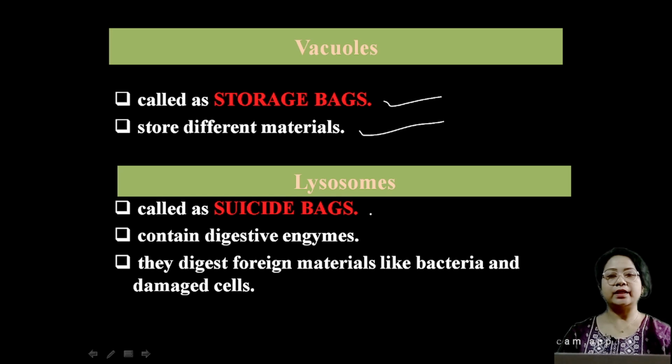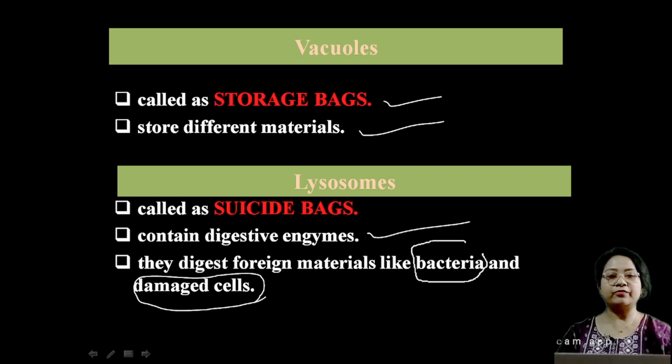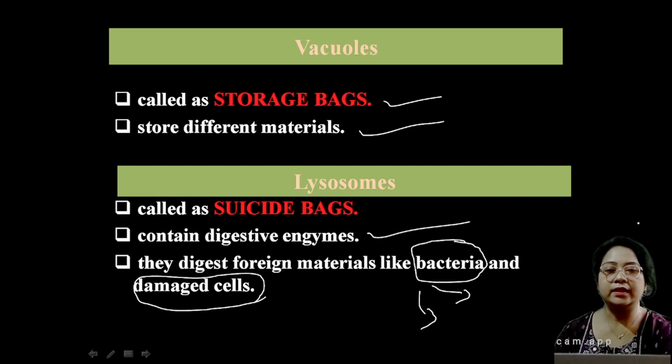Then about the lysosome, they have digestive enzymes, and whenever the cells become damaged or destroyed, or attacked by foreign substances like bacteria or any type of toxic materials, these digestive enzymes will engulf all those foreign materials, and also eat their own cell, we can say. So they are called suicidal bags.